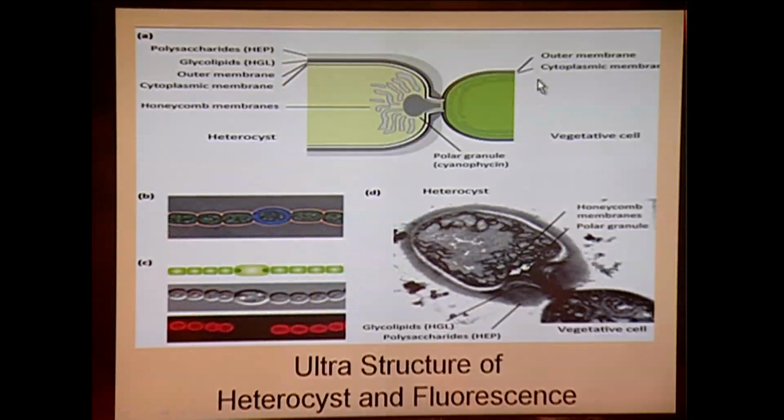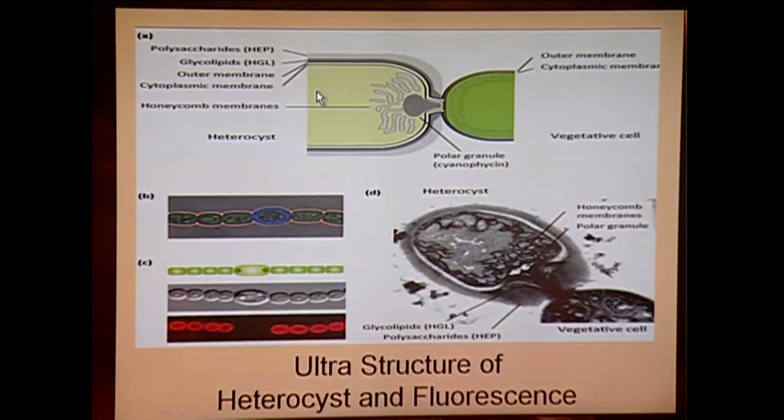In the ultrastructure of the heterocyst, you can see that it has the outer polysaccharide layer, followed by the glycolipid, then the outer membrane, then the cytoplasmic membrane. So it is a four-layered protective structure, and then there is the cytosol which has the nitrogenase enzyme for nitrogen fixation, and most importantly they have a polar granule.